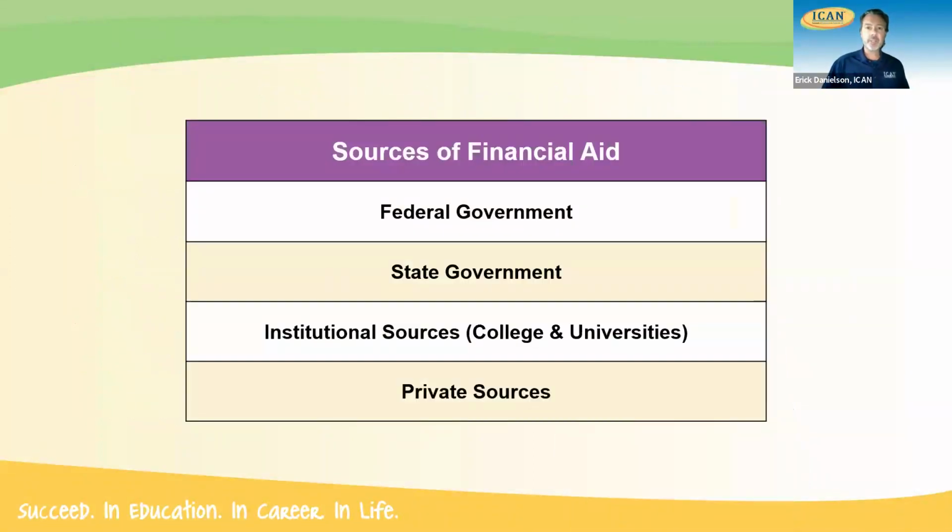Now, I had mentioned a little bit earlier the sources where the money can come from. Even though the FAFSA is a federal form, the sources where the aid can come from are federal, state, the colleges themselves, and then hopefully students have already been trying for private resources throughout the school year. For most of you, probably seeing this as high school senior families going through it the first time, hopefully you already have students that were looking for these private sources.